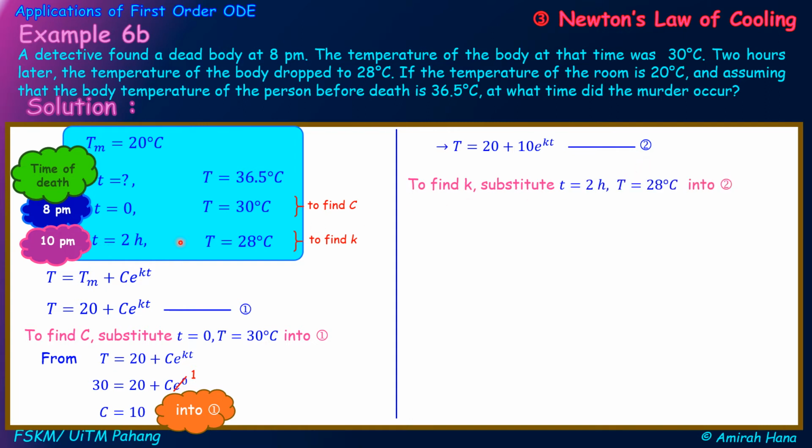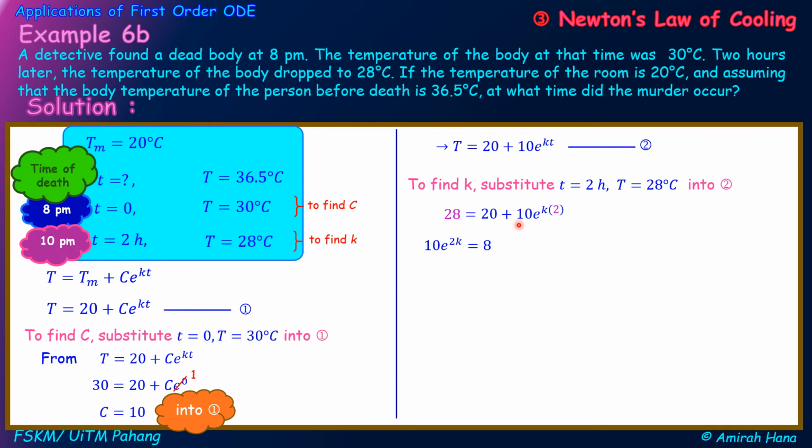Then we use this information to find K: substitute t equals 2 hours and temperature equals 28 degrees Celsius into equation 2, the latest equation. So from equation 2, we have T equals 20 plus 10 e to the power of Kt. Now we replace t by 2 hours, and then we replace temperature equals 28.